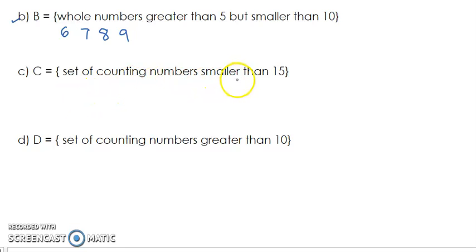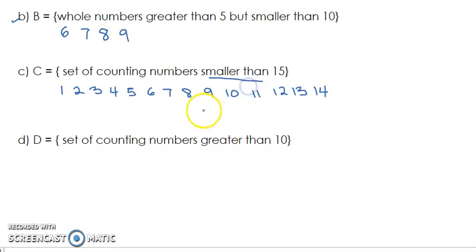So we have to start at 1: 1, 2, 3, 4, 5, 6, 7, 8, 9, 10, 11, 12, 13, and 14. We're not going to include 15 in the set because 15 is not smaller than 15.